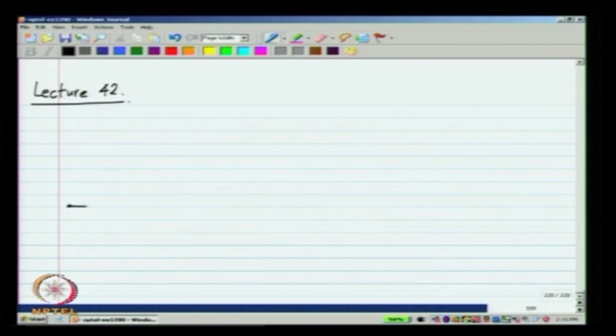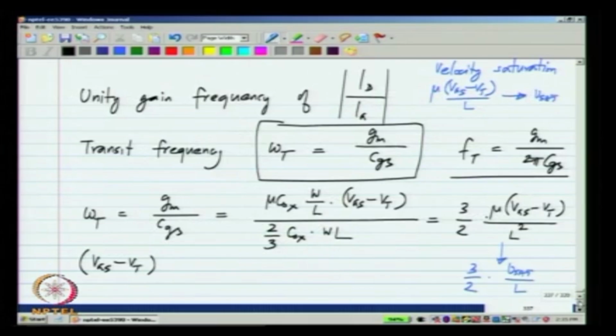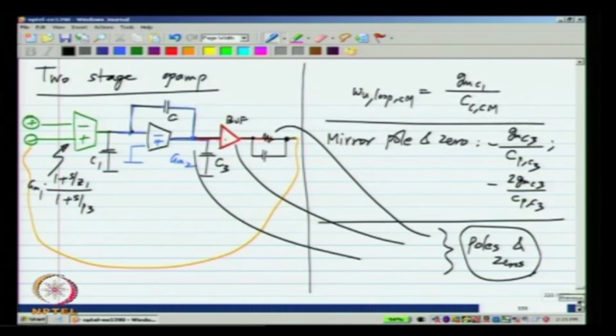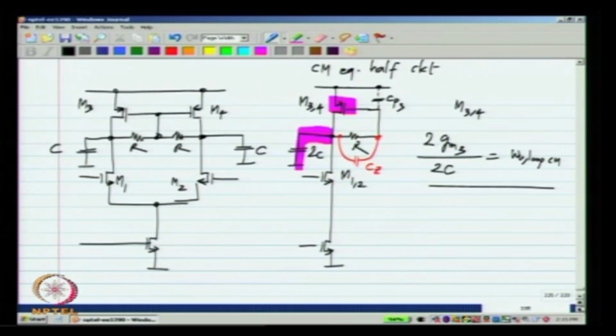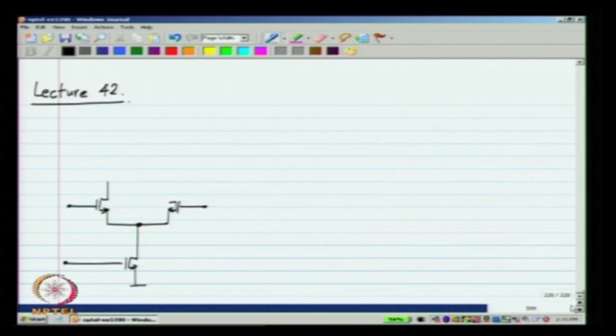So first, a quick review of a very simple circuit. This is a fully differential single stage op amp.